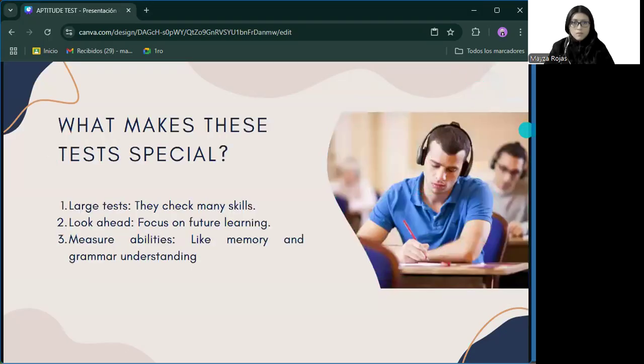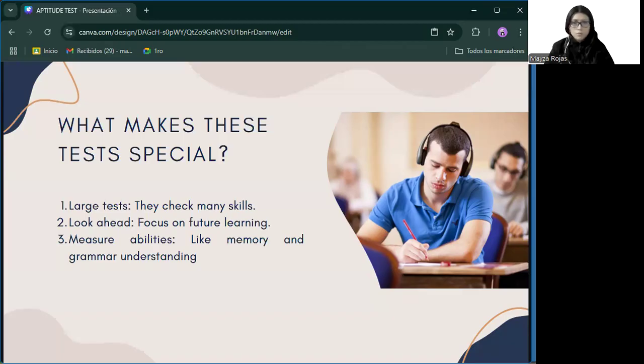Okay, and now, what makes these tests special? Well, large tests, they check many skills. So this kind of test has many parts, testing different skills.